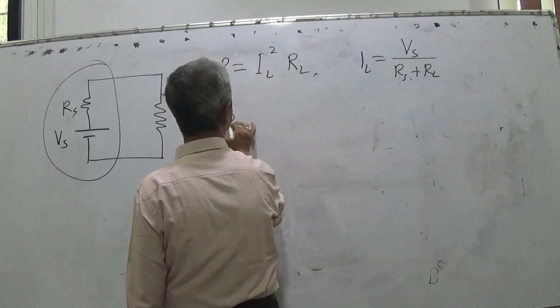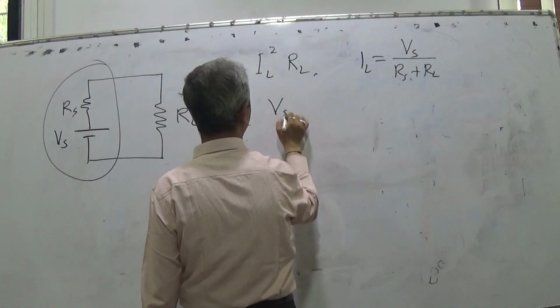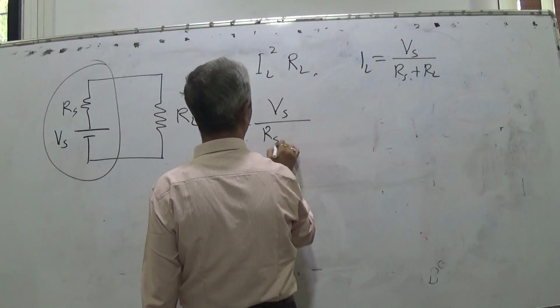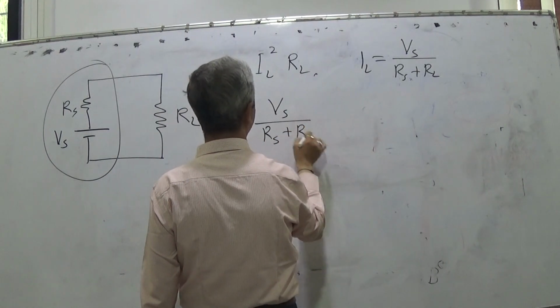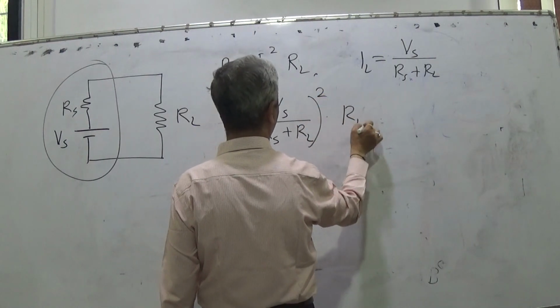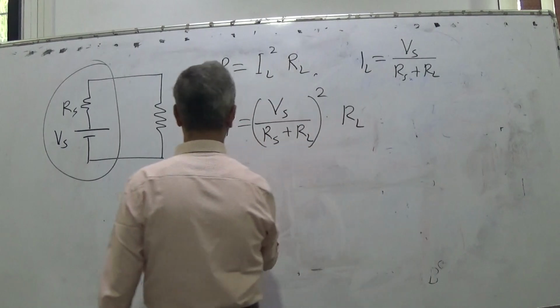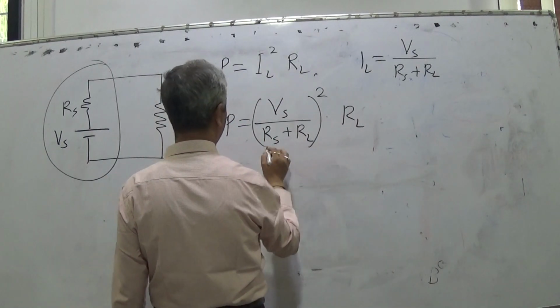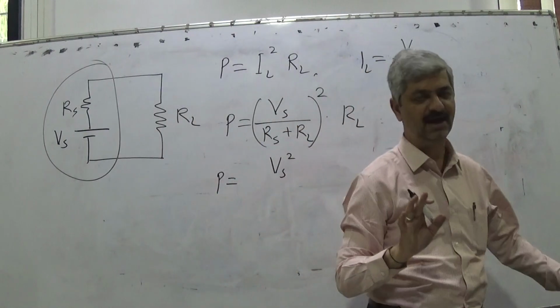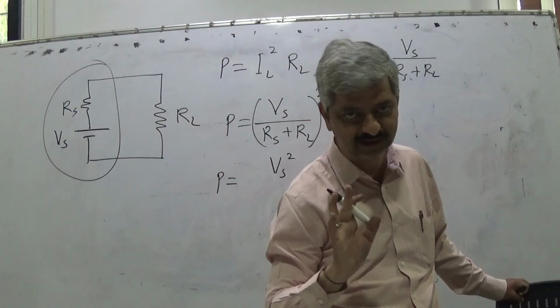So P is equal to Vs upon Rs plus RL whole square into RL. So P is equal to Vs... I think this is high school algebra, nothing great.